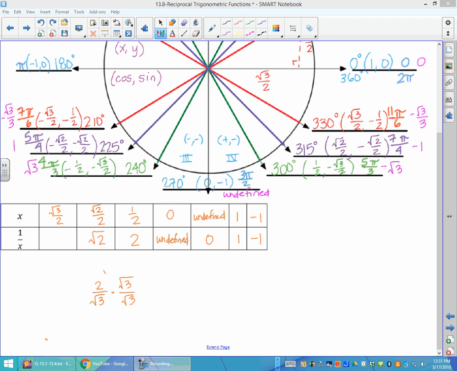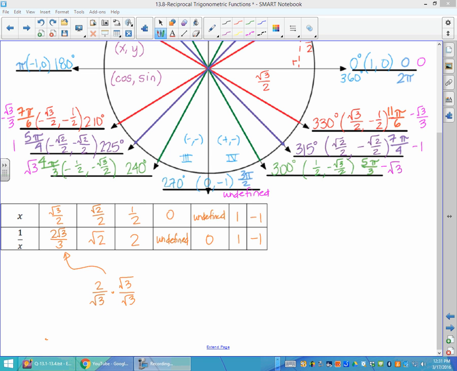And that, of course, is where I'm going to get the number that I'm going to put into here, which is 2 square roots of 3 over 3. And again, I write it on my unit circle, or right when I get my test, I write those numbers down.